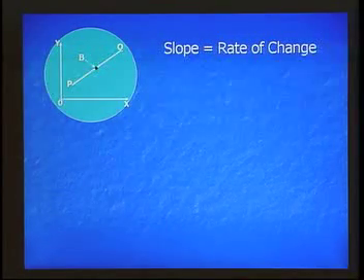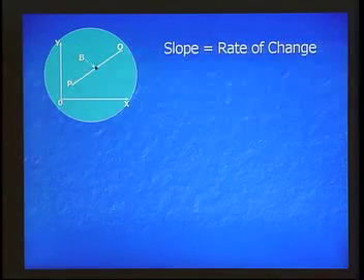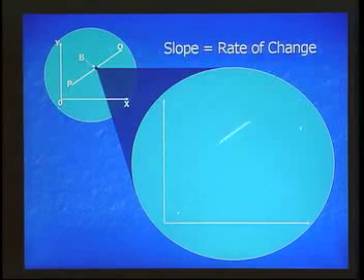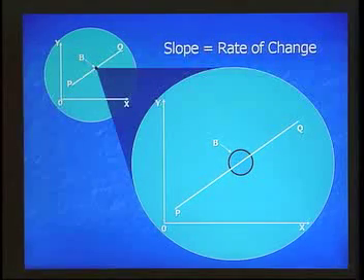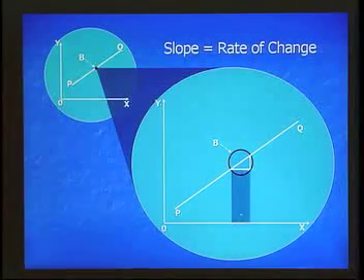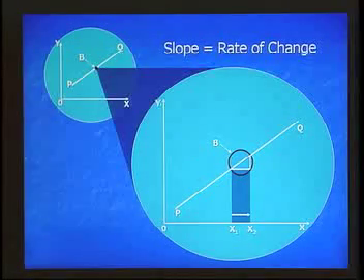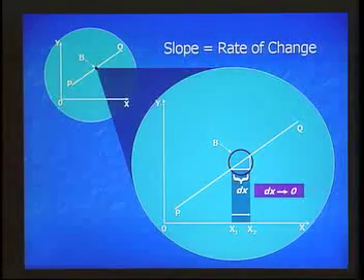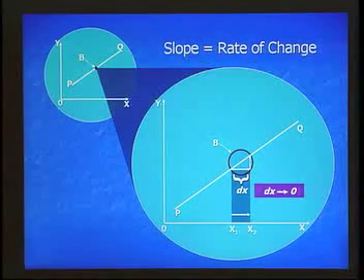You can see on the screen that line PQ represents the relationship between two variables x and y. Even at point B, there is a small change in x and y. If we look at the microscopic view of the graph, you can see the enlarged form of point B, where the change in x and y can be observed. The change in x is x2 minus x1, which is very small and is equal to dx, and that dx is very near to 0.